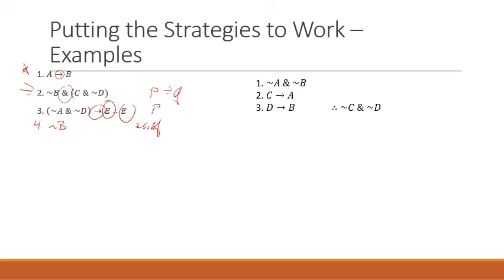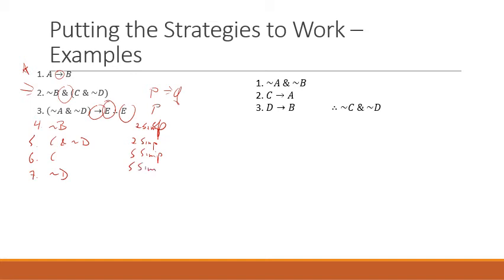Simplifying line 2 gets me not B. And then also simplifying line 2, I could get the other conjunct, which is C and not D. So that too is a conjunction. So I'm going to split that apart as well. So I'm going to simplify line 5 now and get C. And I'm going to also do it to get not D.